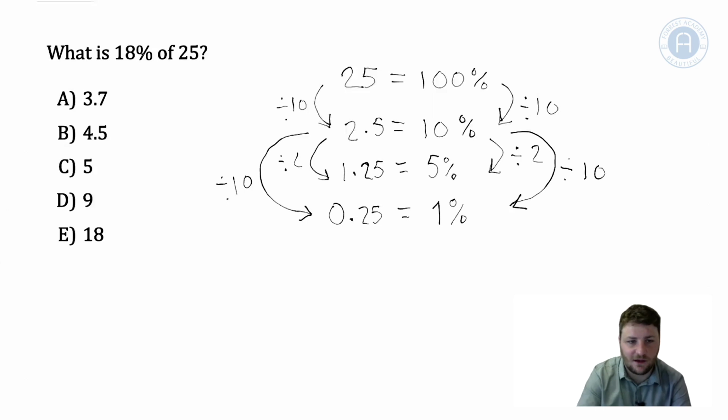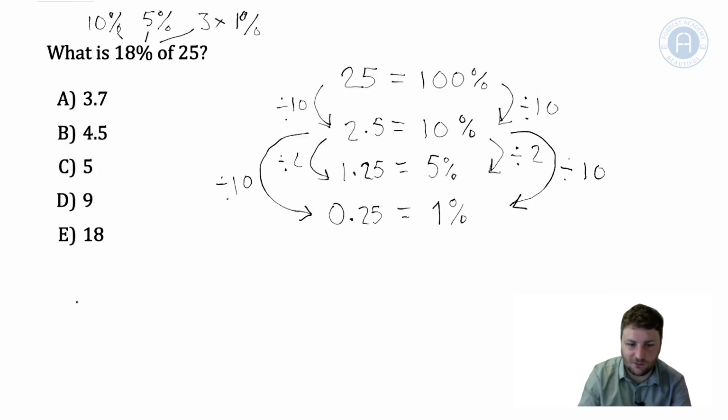Now, as I said, we can break this 18% down into 10%, 5%, and 3 lots of 1%.